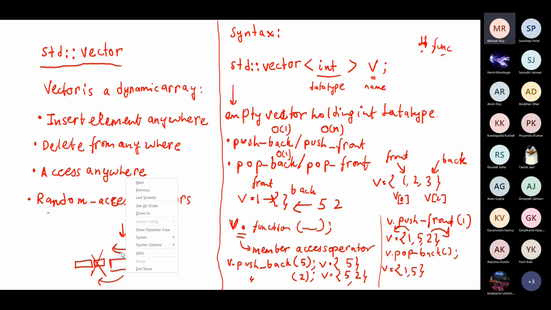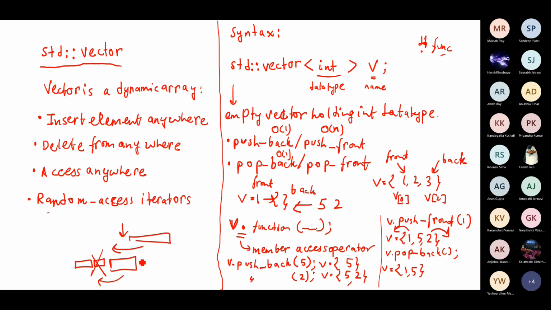Just imagine taking a block out of a sequence of blocks and then you have to push all the blocks backwards. So that will take time proportional to the movement of these blocks. If you are inserting or deleting at the end, you don't have any blocks to push, so the complexity is constant. But if you're doing so at the front, you have to move every single block backwards. So that is going to be O of n. That is basically the justification.